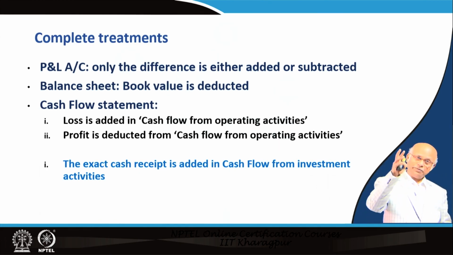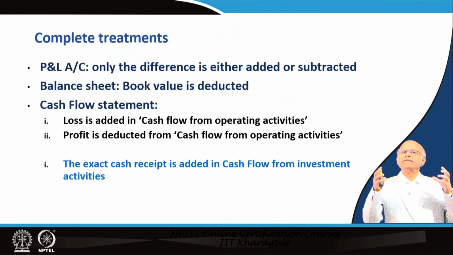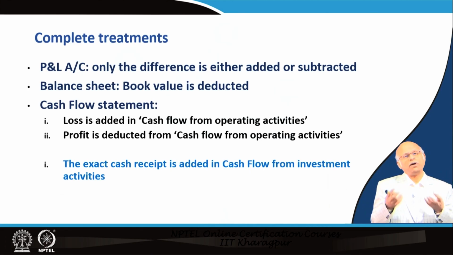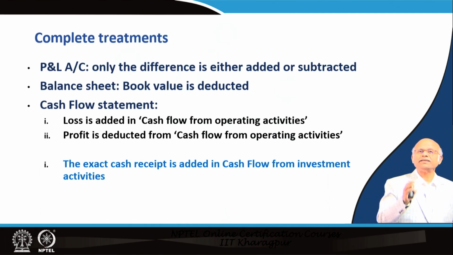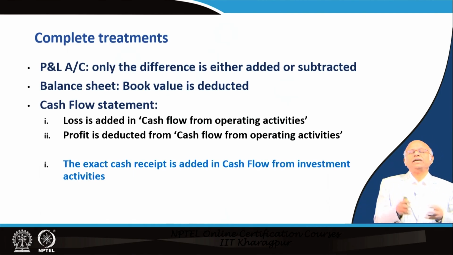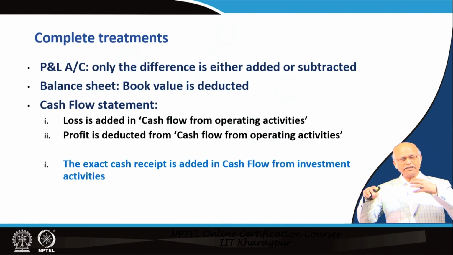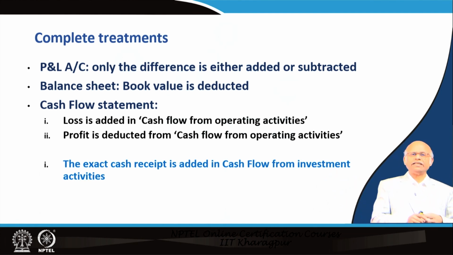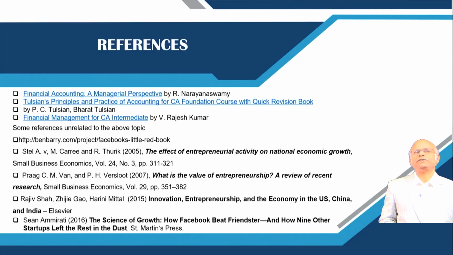If you make a profit by selling a fixed asset, you have to deduct that in operating cash flow statement. In the cash flow from investment activities, whatever money you received, you just add that, because cash flow from investment is concerned about buying and selling machines. You buy something, that becomes a negative cash flow. You sell something, whatever you receive becomes a positive cash flow.